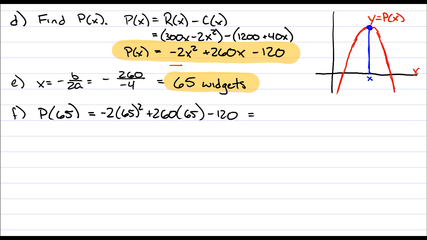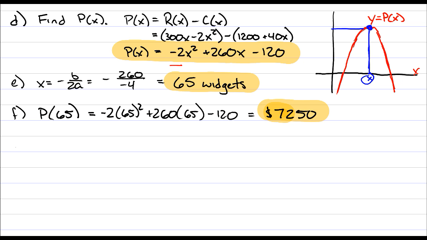I plug that into the calculator, turn all the cranks, and I get 7,250. And again, what we just did is basically find the y-coordinate for this vertex. The y-coordinate is going to give us the actual profit associated with this. Hence, it gives us the maximum profit.